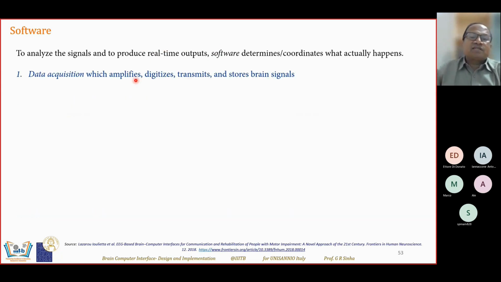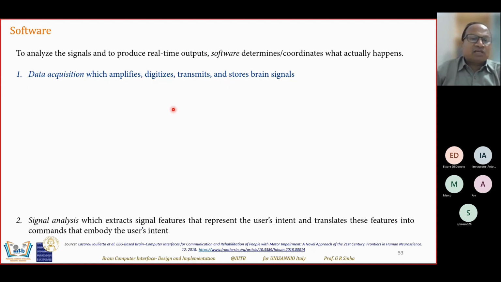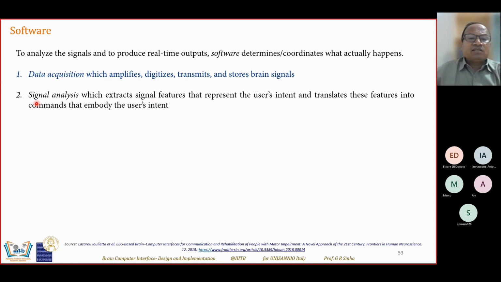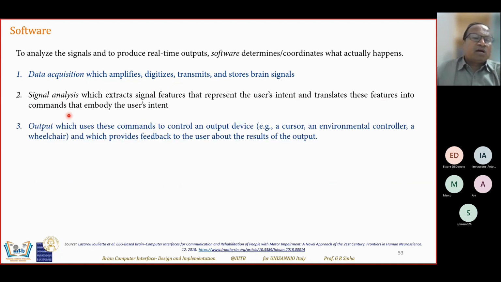So what are the functionalities for which we use the software? We use software for data acquisition that includes amplification, digitizing, transmission, and storing of the signal. We can do the signal analysis that includes extraction of features, analysis of features, converting into feature vectors, translating those features, classifying those features into suitable commands, then generating the output, maybe either movement of a cursor or movement of a controller or movement of a wheelchair, or also providing a feedback signal.